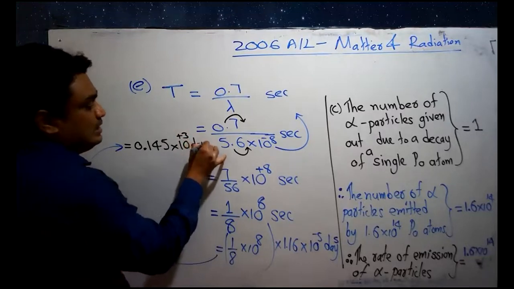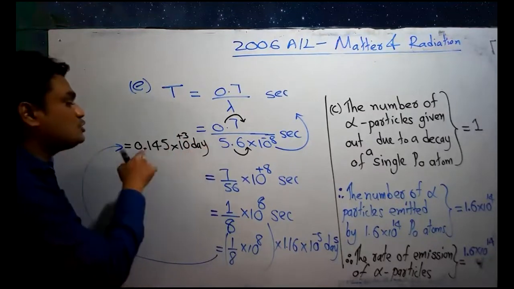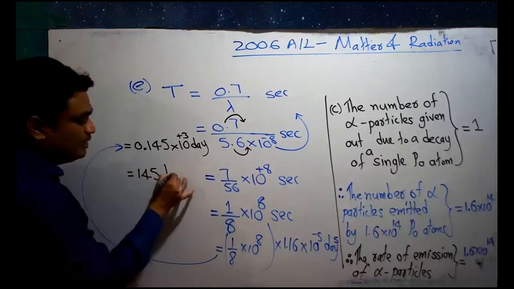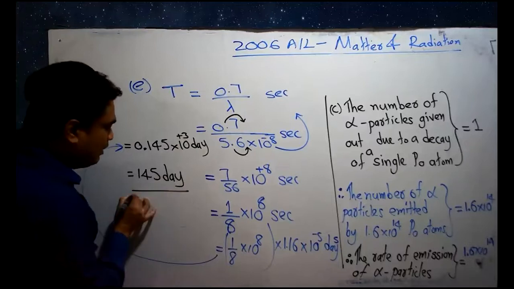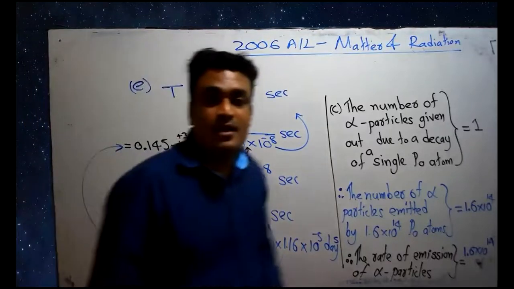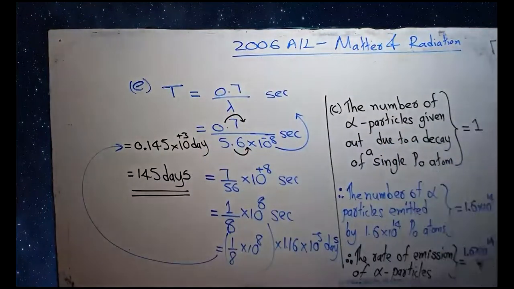Unit is days. So 10 to the power plus 3 means 1000. 1000 into 0.145 means 145 days. So what is the half-life of polonium in days? 145. Who got this answer earlier? Anybody in the class?